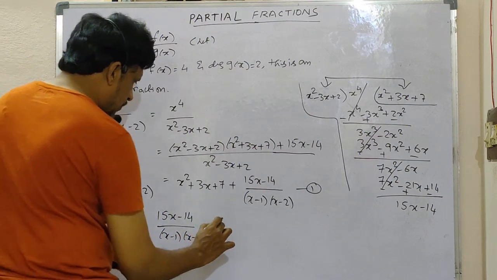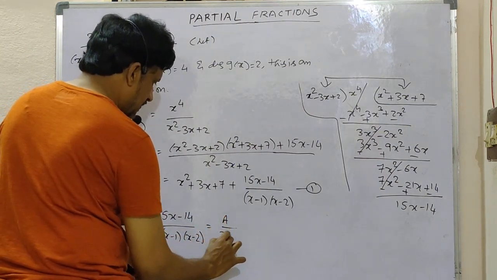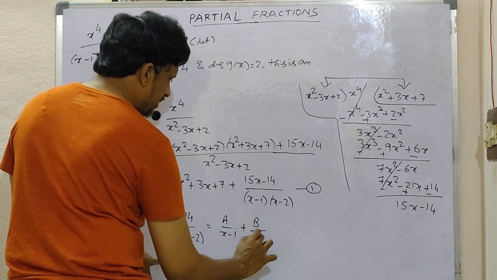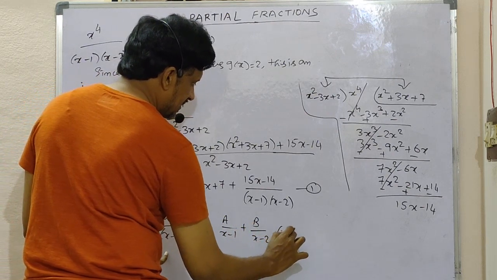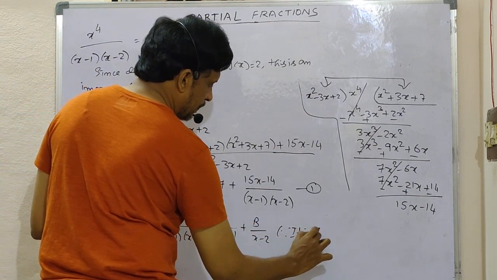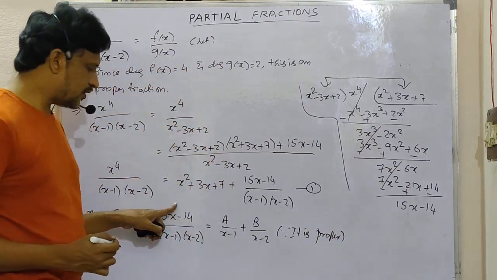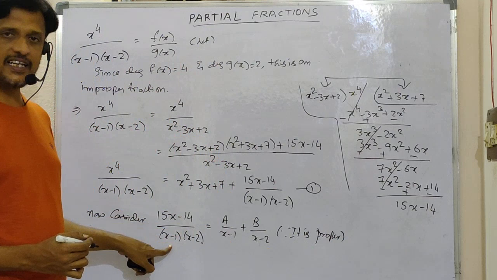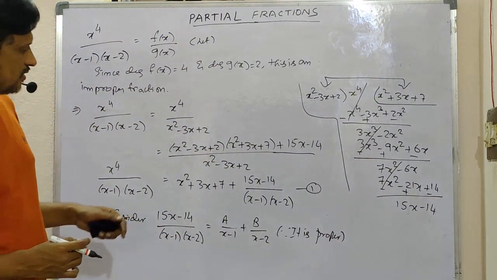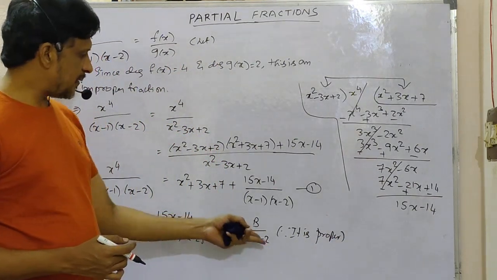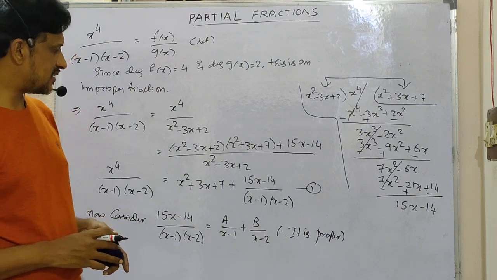Then this is equal to a by x minus 1 plus b by x minus 2, since it is proper. The degree of numerator is 1, the degree of denominator is 2, so it is a proper fraction. Similar to the first type, you can split this as the sum of partial fractions.